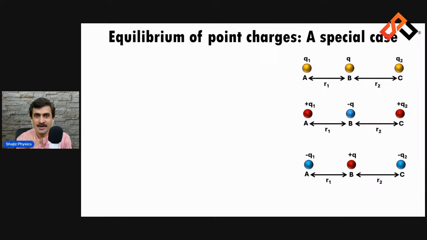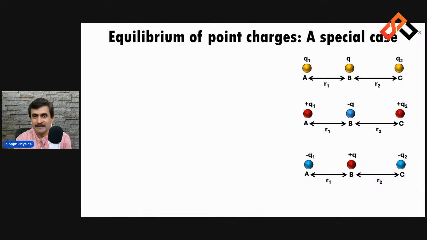Now, what about the force acting on Q1 due to Q2? If you consider Q1 and Q2, both are like charges. So like charges will repel each other. So obviously, Q2 will repel Q1 along the opposite direction. That is, it will repel along BA. From B to A, that will be the direction of the force exerted by Q2 on Q1.